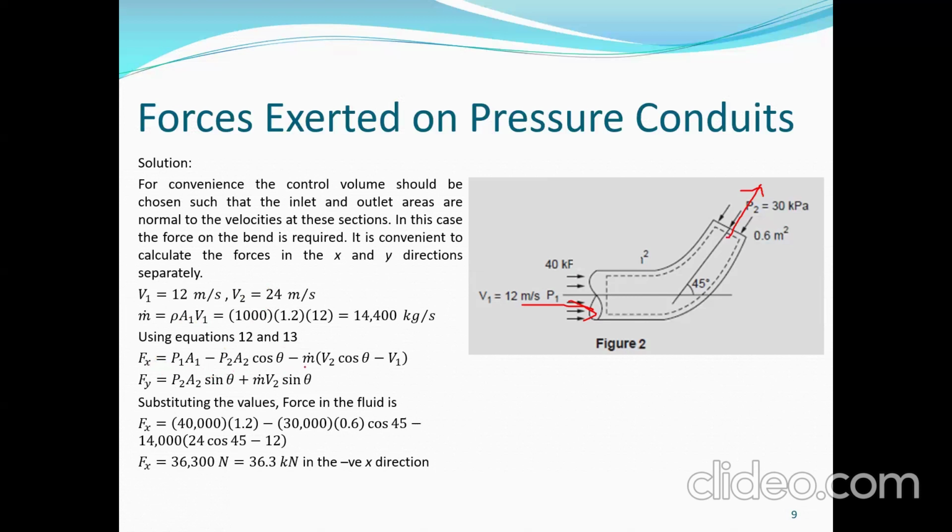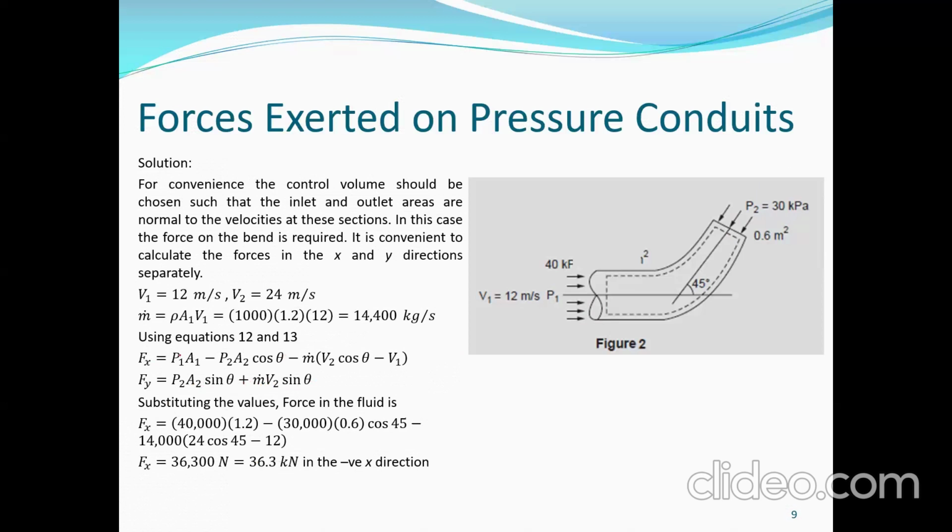theta minus m dot times V2 cosine theta minus V1. So ito, paano mo pagbura niyan? Erase. Ayan. So, Fy is P2 A2 sine of theta plus m dot V2 sine theta.